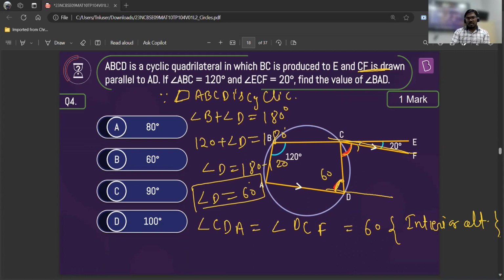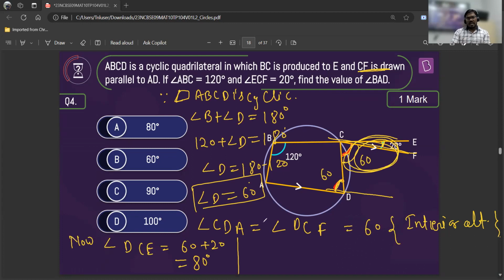Now we have this 60 and this 20. And what is the measurement of angle DCE? Angle DCE is equal to 60 plus 20, basically we have to add them. We got 80.